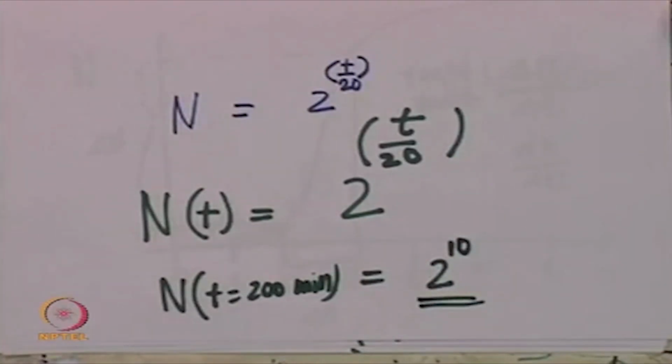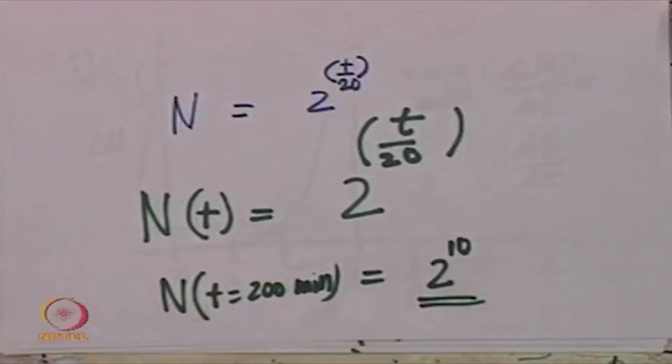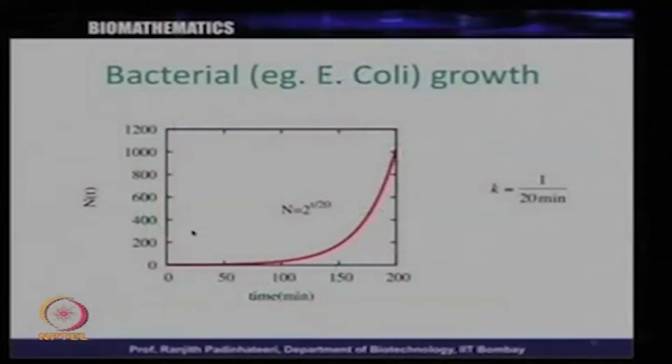Let us see how we can plot this function n equal to 2 power t by 20. What do we get? Have a look here; we get this kind of function. This is n on the y axis and time on the x axis.